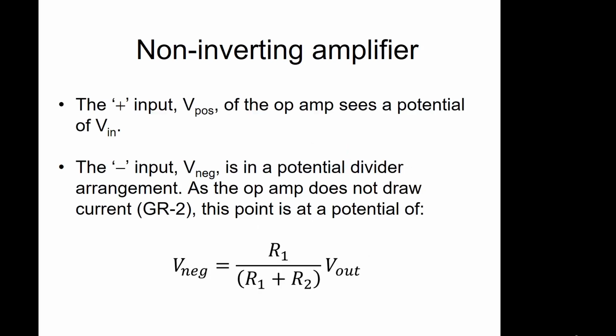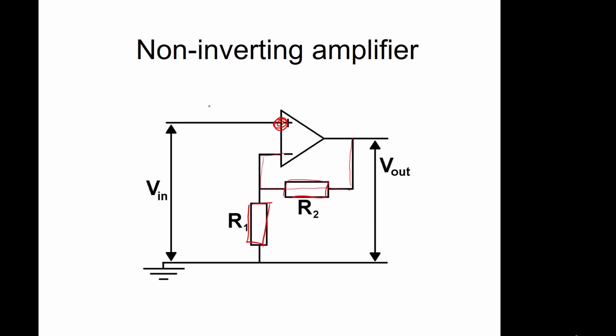So in terms of the transfer function of this, again, if we work through it, if we look at the potential at this point here, we'll call this V neg for V negative. We have a current flowing through here, so we'll call this current I, and this is flowing from here through here to ground.